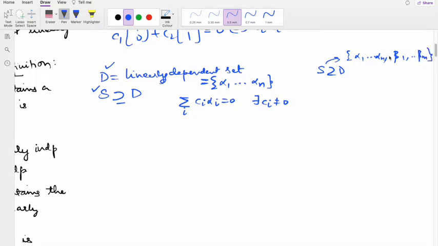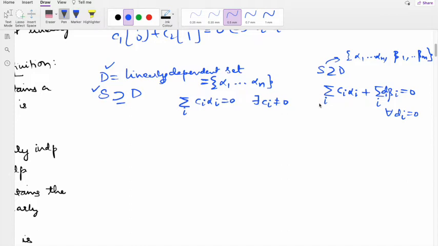Now I can always choose the same Ci's, plus I can choose some constants di for the beta i's, where all di can be 0.